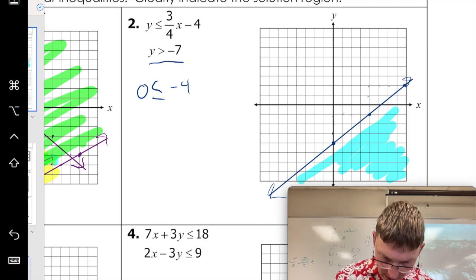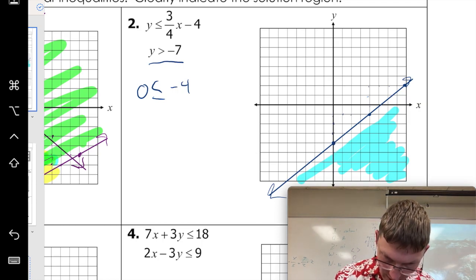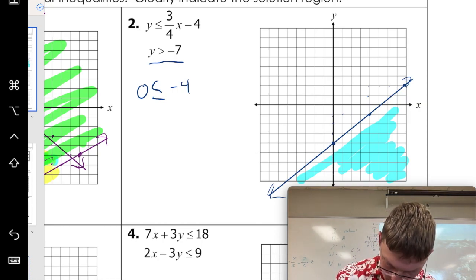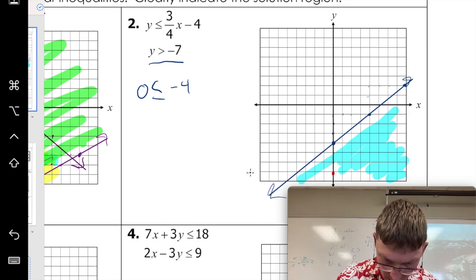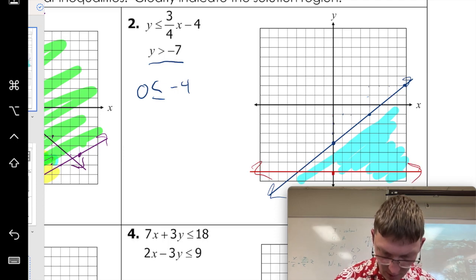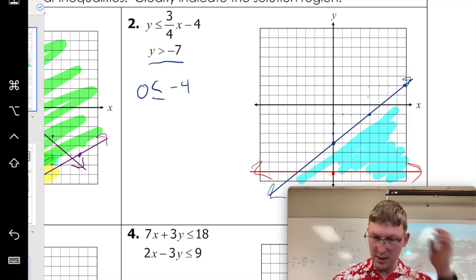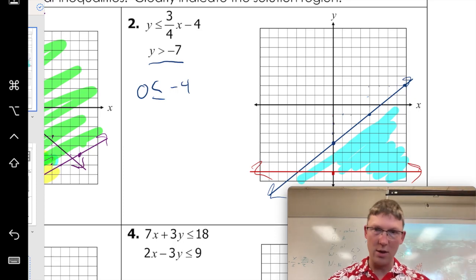So we would come down to -7. 1, 2, 3, 4, 5, 6, 7. And it's going to be a horizontal line. Because that's how that works.